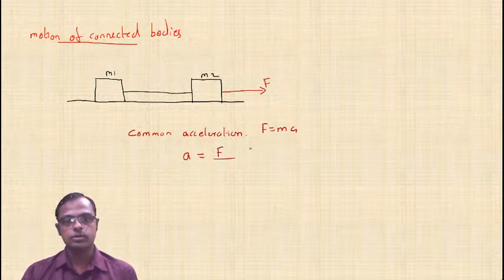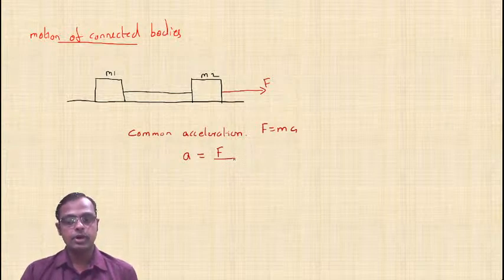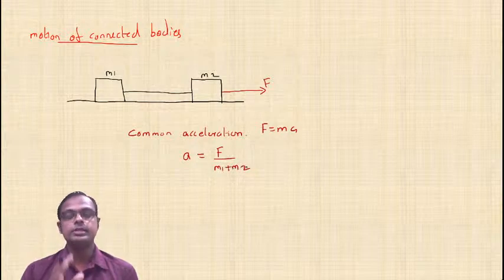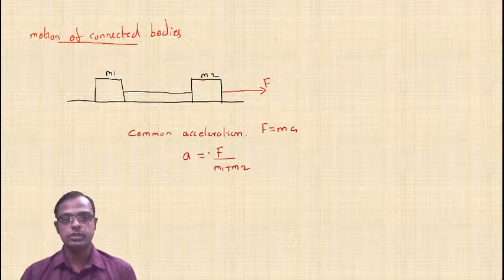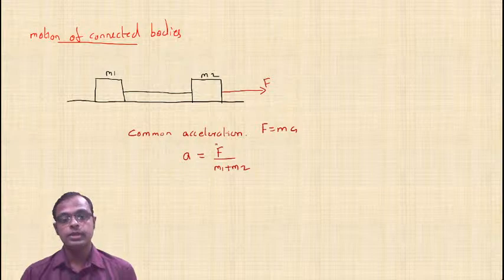Here m means the system together is now accelerating. M1 and M2 together are accelerating. Am I right? So we can write F divided by M1 plus M2, that is the common acceleration. So in this case, we got the motion of connected bodies with an inextensible string. The common acceleration a is equal to F divided by the total mass M1 plus M2.